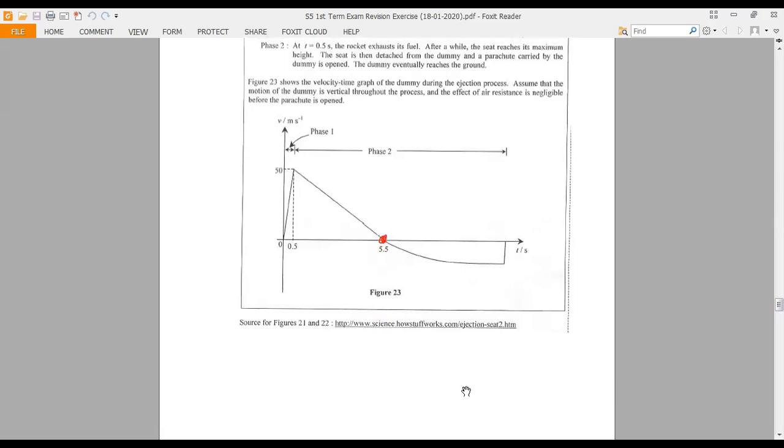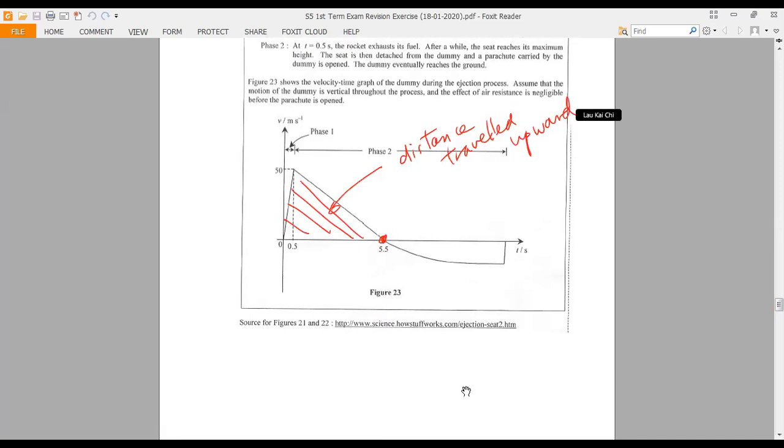So you're looking for the distance or displacement. And in a VT graph, the way you find that is by using the area. So this area is the distance traveled upward.